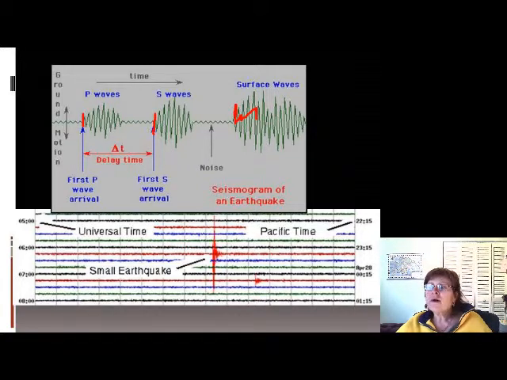What helps us locate that earthquake is the delay time between the P and the S waves, because the P wave travels 4 to 7, the S wave travels 2 to 5. So the arrival time difference is related to the distance from the seismograph to the epicenter of the earthquake. This is a very important measurement we have to do on the seismogram.